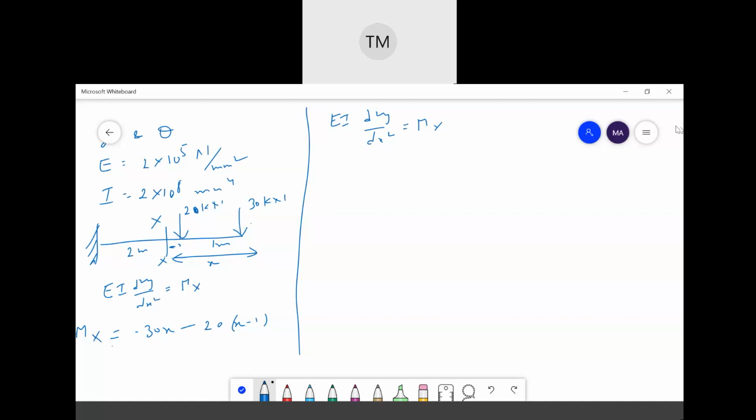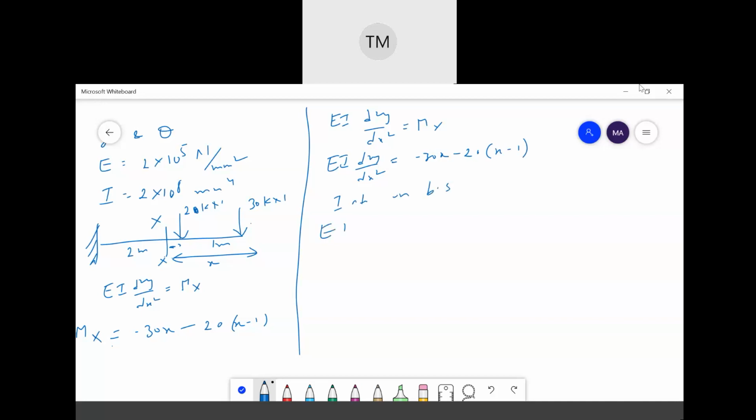So here, EI d square y by dx square is equal to mx, which means minus 30 into x minus 20 into x minus 1. So what I am doing is I am integrating on both sides.